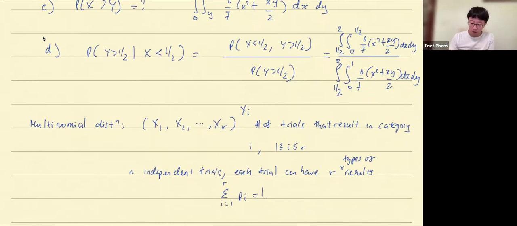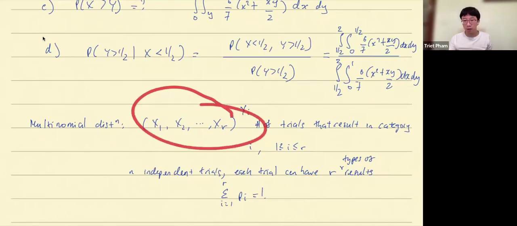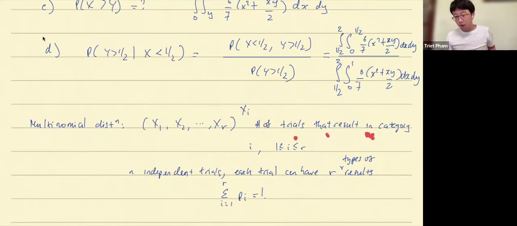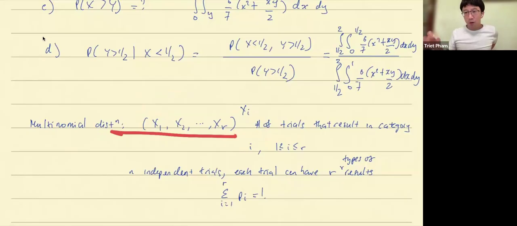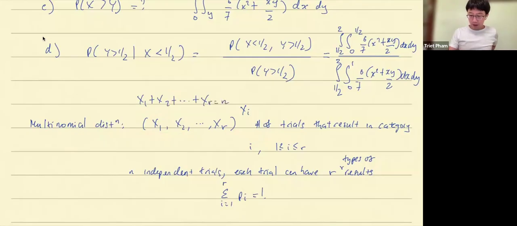Again, the easiest one is the binomial distribution, where you only have two types of result, success or failure. If you want to cast the binomial in terms of the multinomial, then you have X1 being the number of successes and X2 being the number of failures. You track both. But in fact, one of them is redundant, because we always know that the sum of these random variables is n, which is the number of trials.